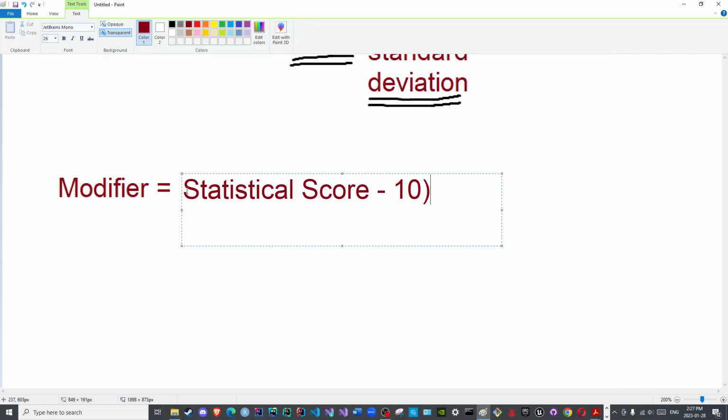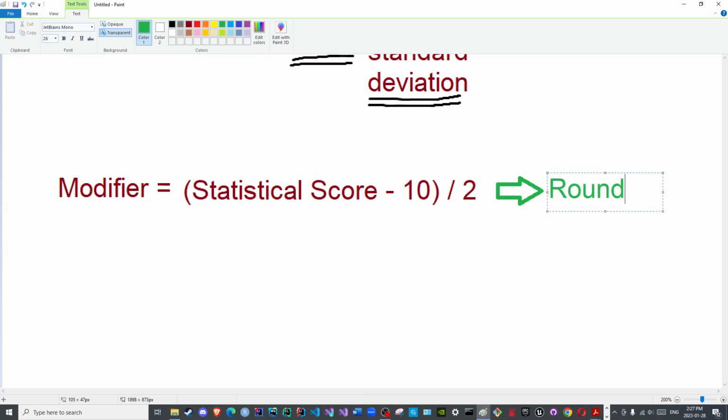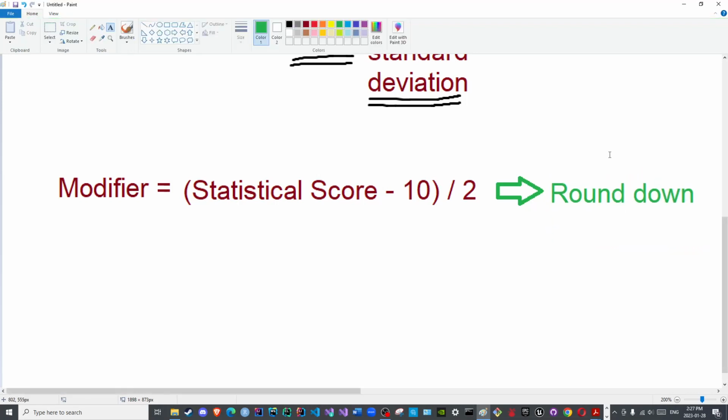Then the difference is divided by 2. And of course, if there are issues with decimals, because this will yield a floating point number, I believe the rule in D&D, feel free to correct me if I am mistaken, is you round down, at least for this calculation, and you round up for everything else, if I recall correctly.